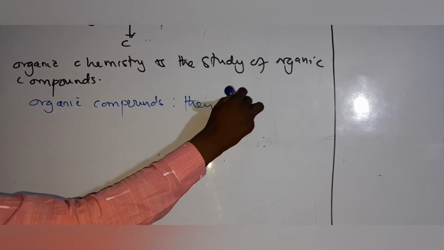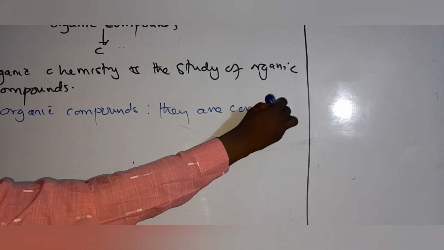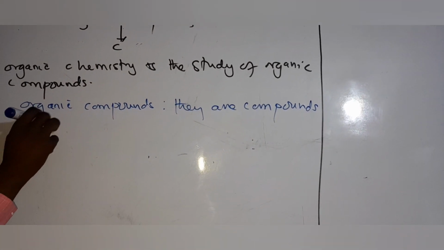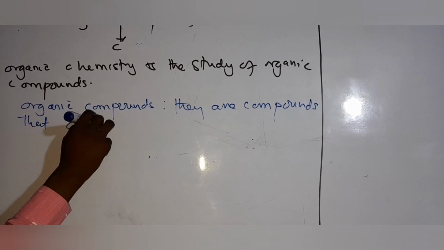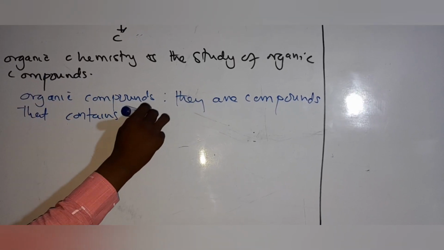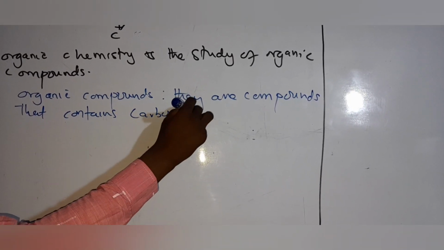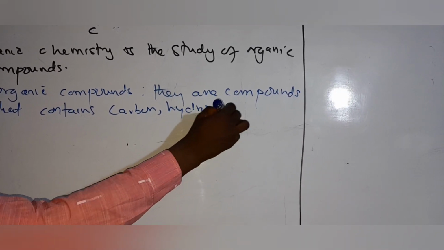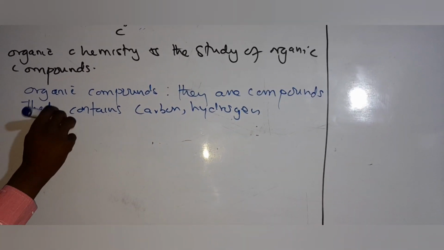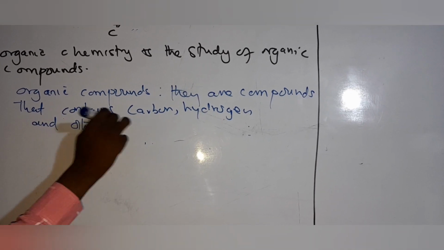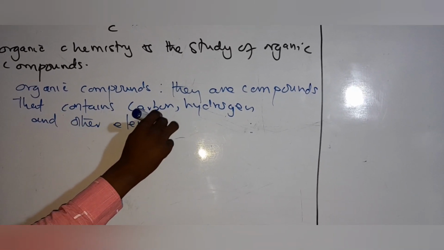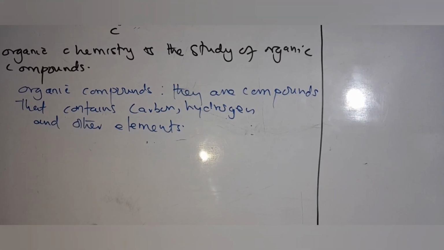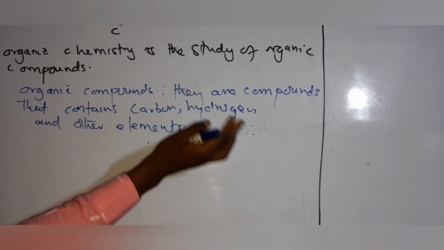They are compounds that contain carbon, hydrogen, and other elements. Good. So most of the materials we see around us are organic compounds.